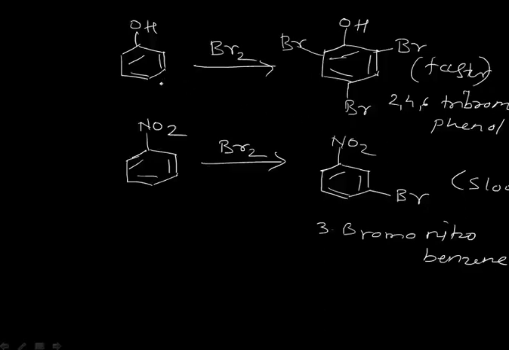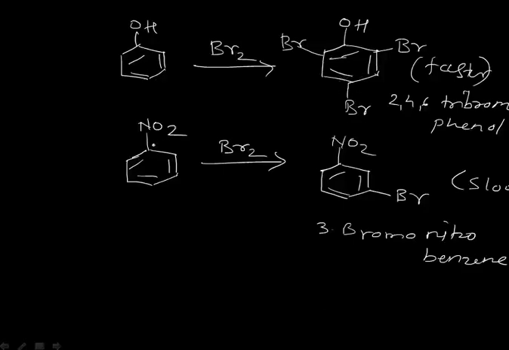This is also an aromatic electrophilic substitution type of reaction, and during such a reaction, if your aromatic ring is electron rich, then the electrophilic substitution becomes more facile. Here you have the OH group, which is an electron donor, and that increases the electron density of the aromatic ring, and you have huge bromination of that phenol.